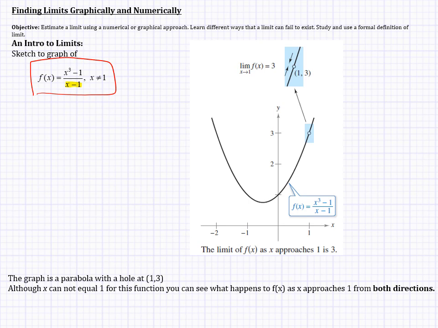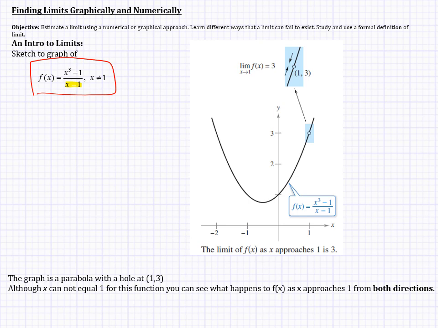When I look at the graph of this function, these are things you would have learned in pre-calculus: how to build the graph of certain functions, how to look at how functions behave. This is a rational function, and rational functions have breaks in the graph. Specifically, this one has a break that is a hole in the graph.